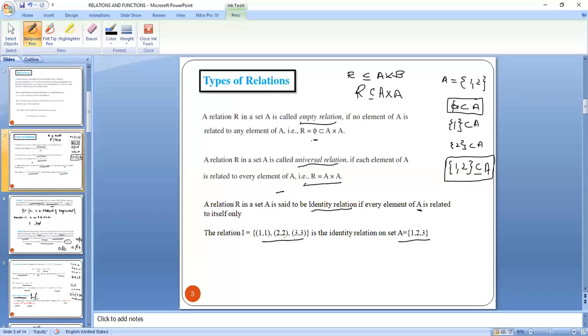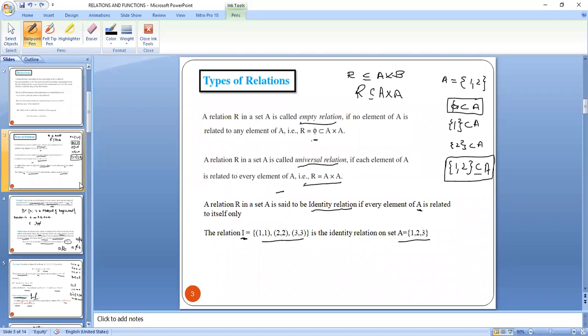Identity relation: only a comma a belongs to R. If A is the set 1, 2, 3, then 1 comma 1, 2 comma 2, 3 comma 3 belong to the relation; that is the identity relation. A relation R in a set A is identity if every element of A is related to itself.